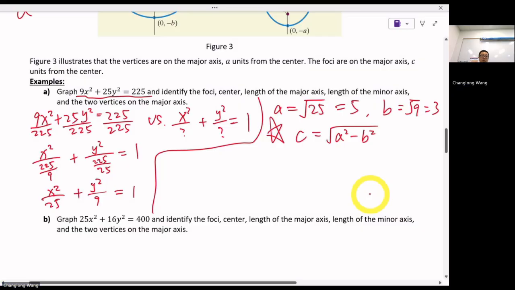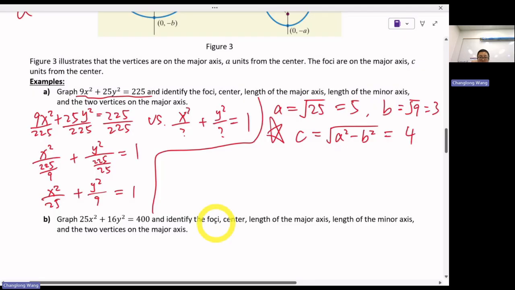So the distance from each of the foci to the center and the semi-major and semi-minor happen to work out as if there are 3 sides of a right triangle. So c squared plus b squared adds up to be a squared. Therefore, you get 5 squared, 25 minus 3 squared, which is 9. So you get 16, and the square root of 16 is 4. 3, 4, 5.